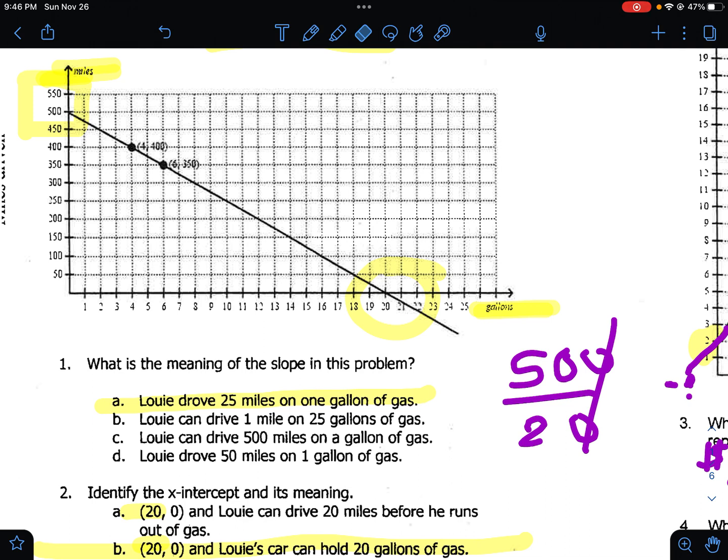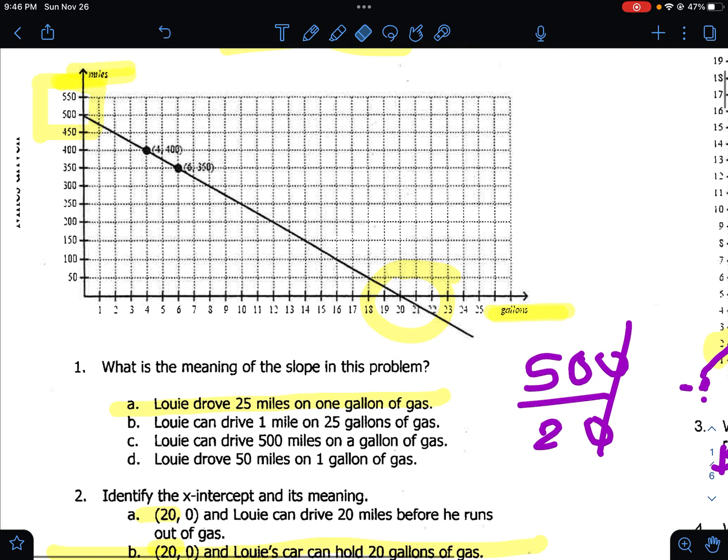So let's think about what makes the most sense. Was it 50 gallons in... Well, that's a little hard to read, it's a little bit off the edge there, but number of miles. Is it 50 gallons, I'm going to drive 2 miles, or is it going to be 50 miles and 2 gallons?